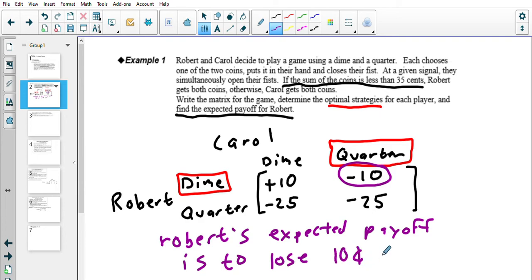To lose 10 cents. Okay? So it's not a very good game for Robert. If Robert plays his best strategy, he's going to lose 10 cents. He could play a different strategy and do even worse than that, but the best that Robert can do is losing only 10 cents. Okay.